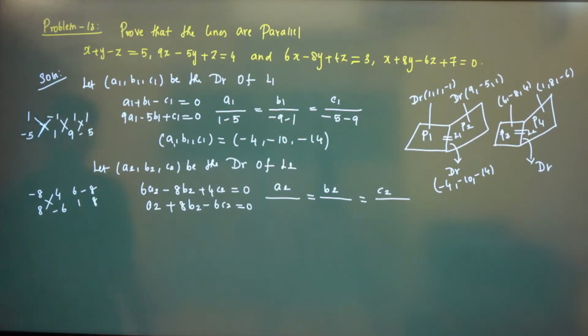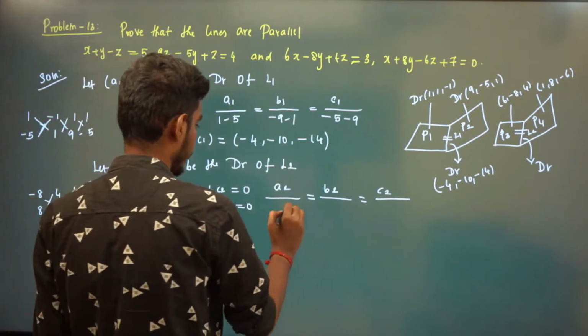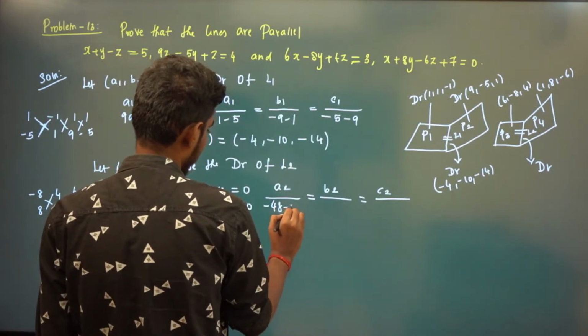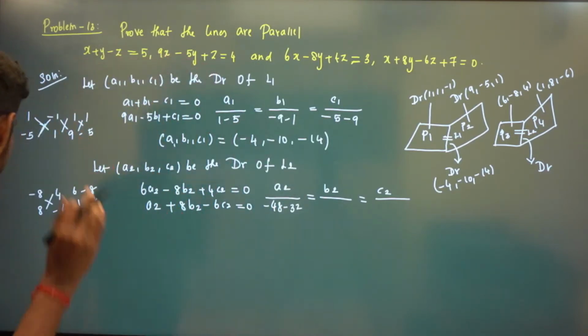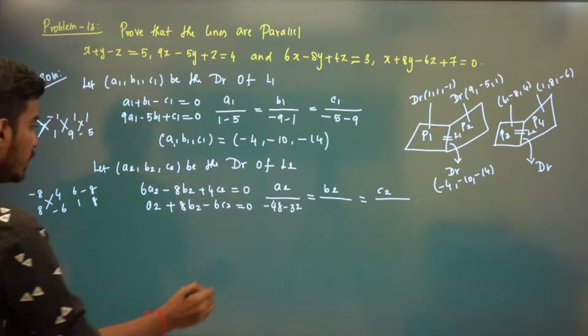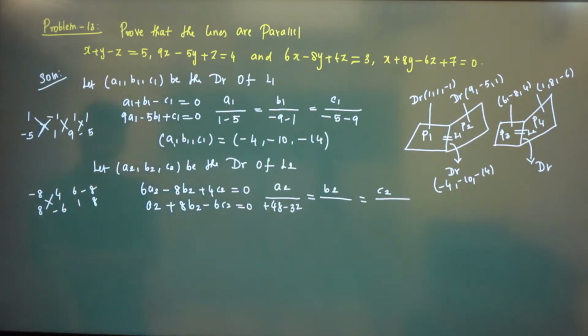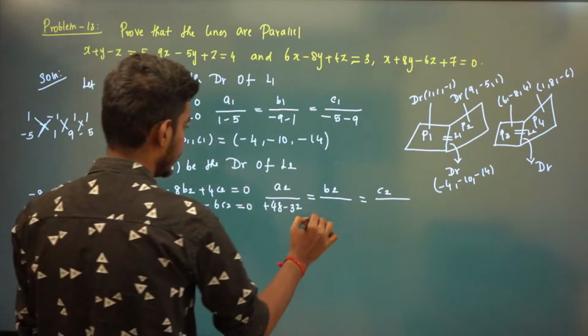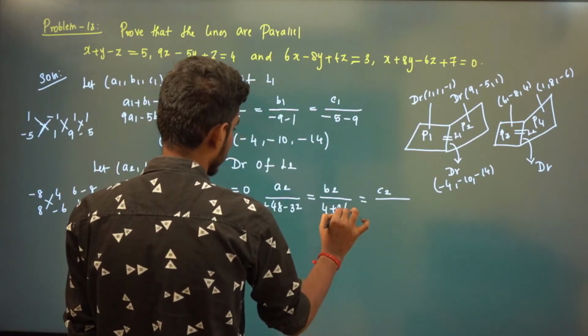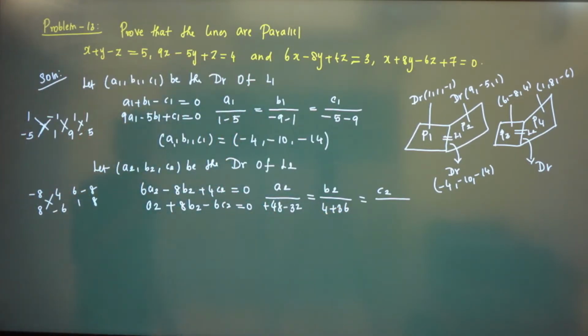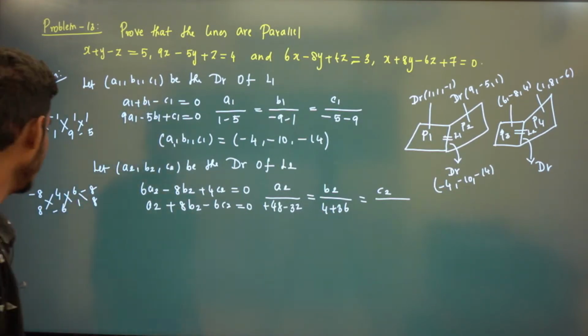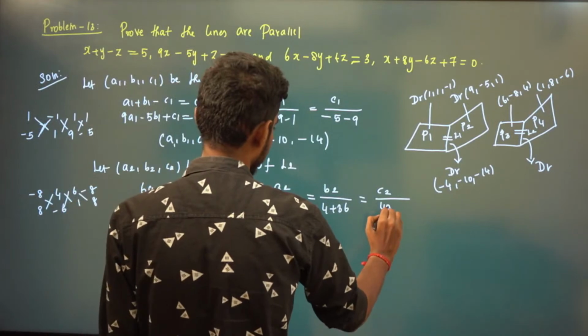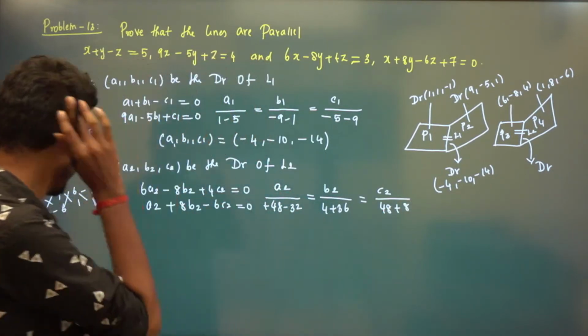So this will be plus 48 minus 32, 4 plus 36, 48 plus 8.